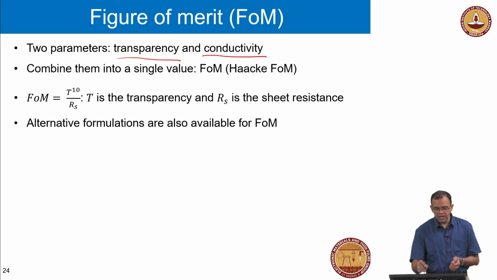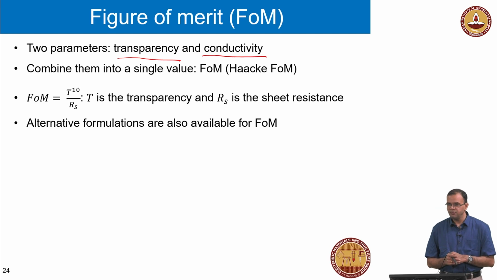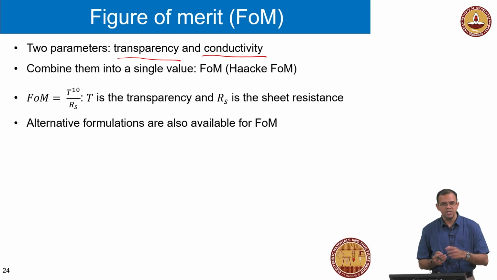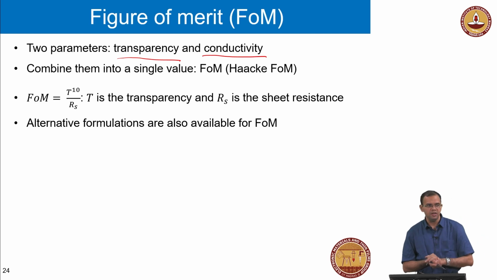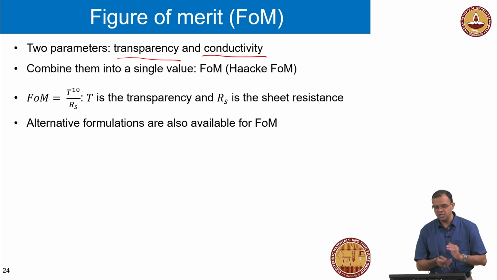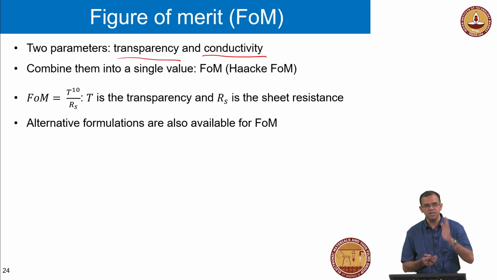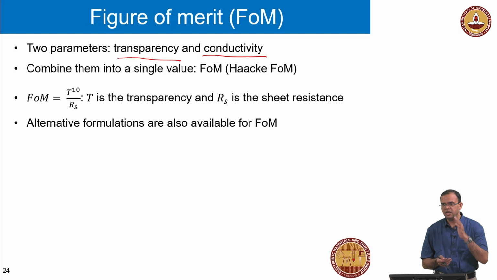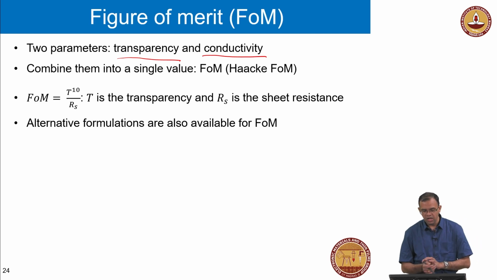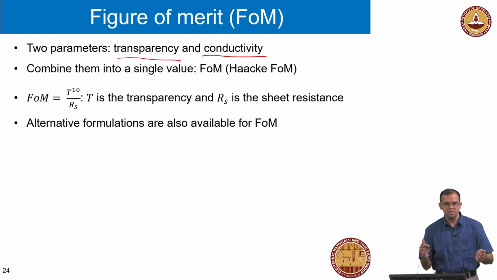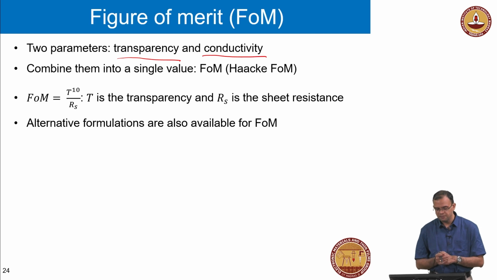Now we have two values that define your film. You can do transparency measurements. For example, you can do UV-visible spectroscopy and report the transparency. Usually this is reported in the middle of the visible spectrum, so 550 nanometers is where you measure the transparency. You can also measure sheet resistance, which will tell you the conductivity.